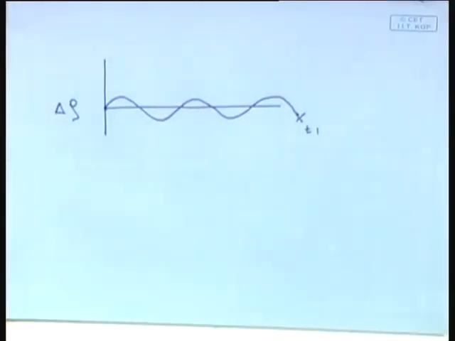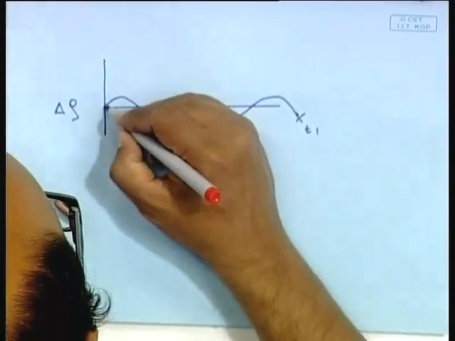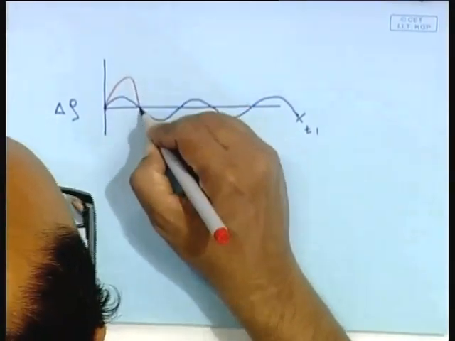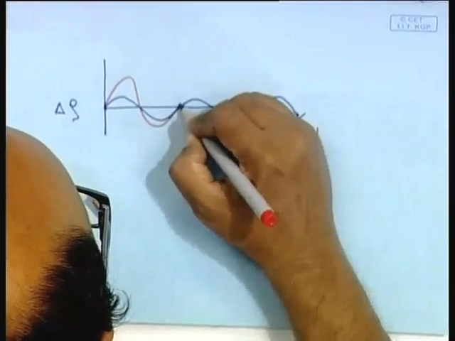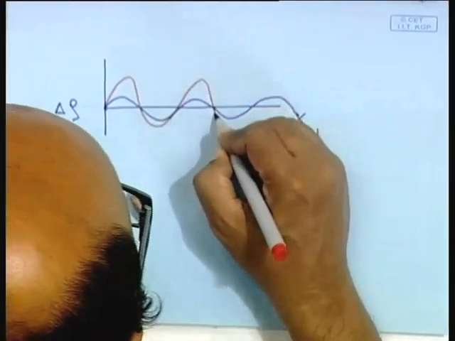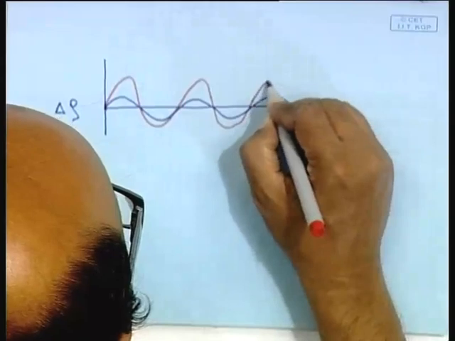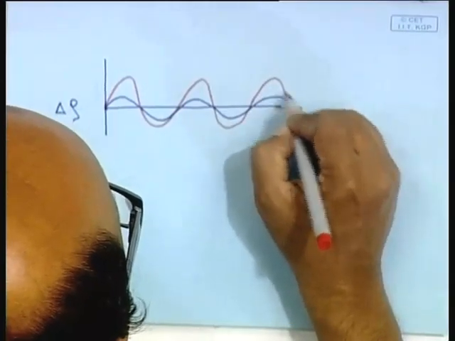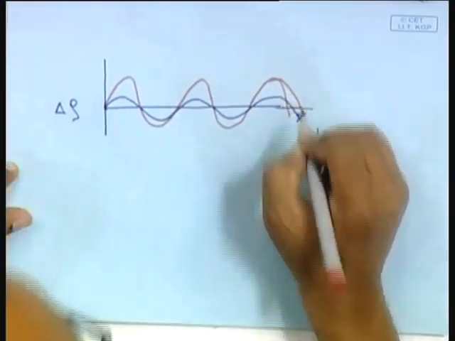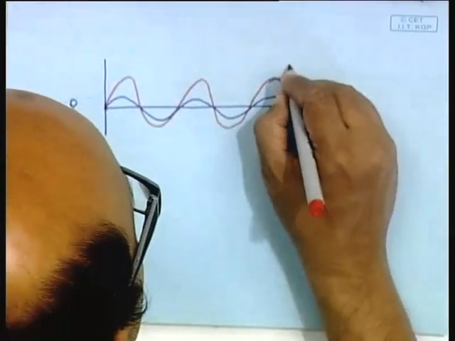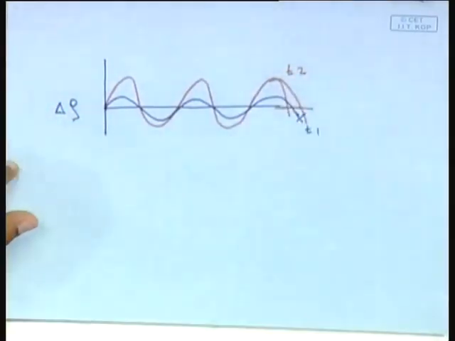After some time, its amplitude is going to grow. So this is going to become like this. It's going to become like this after some time. At some time t2, its amplitude would have increased.